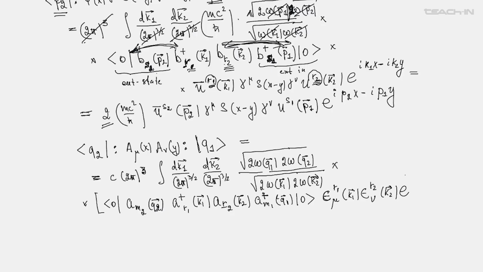But this is not the end of the story because there is another term here which looks similar. So vacuum, A, M2, Q2. And here you will get a plus, A on R2, K2.